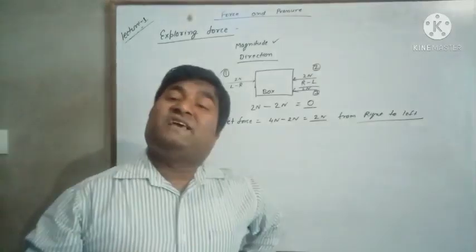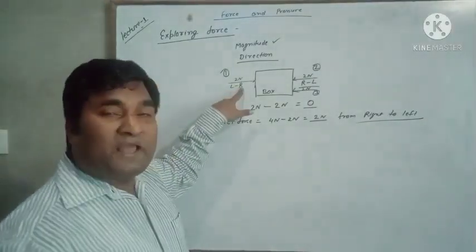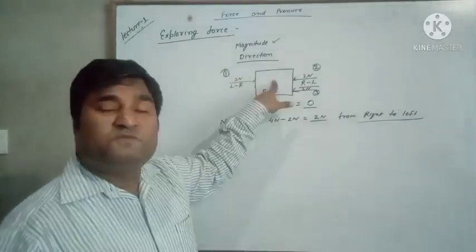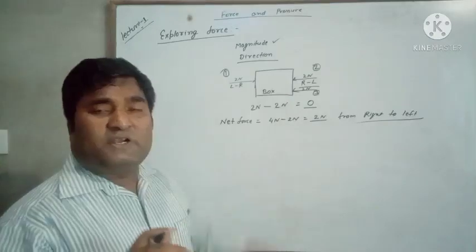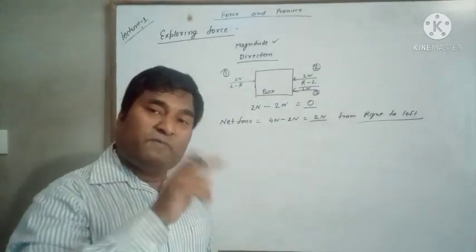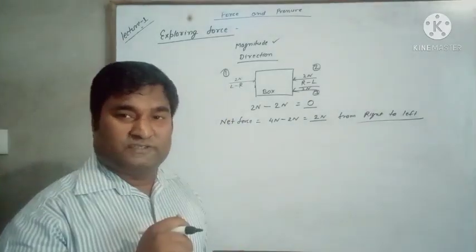If you change the magnitude, the effect will change. When you were applying 2 Newton force single-handedly, you moved the box slowly. But when you applied 4 Newton, you moved the box fast. So if magnitude changes, the effect of the force also changes.